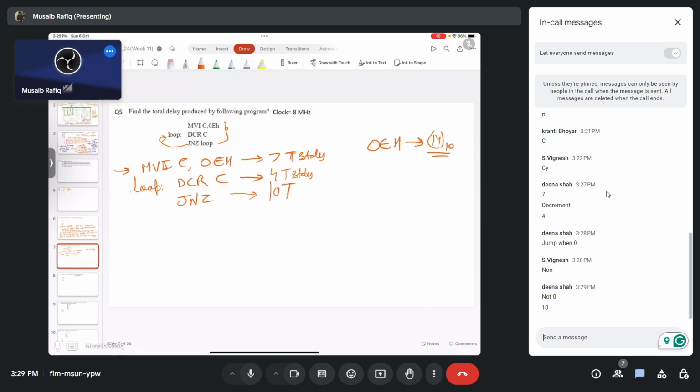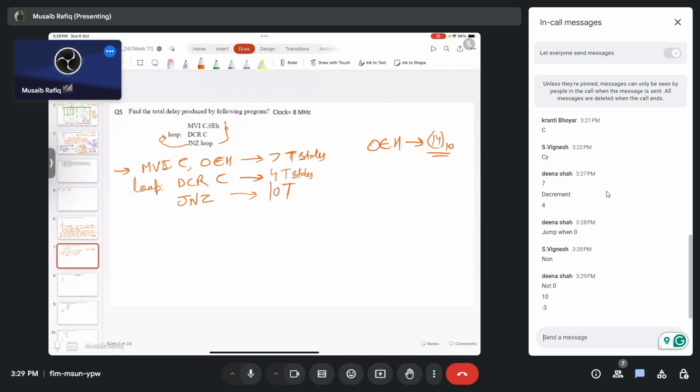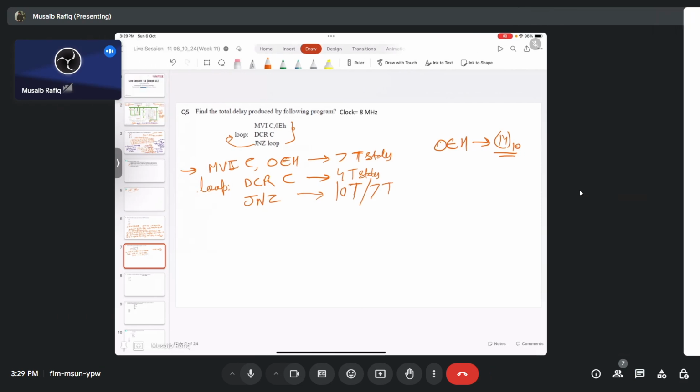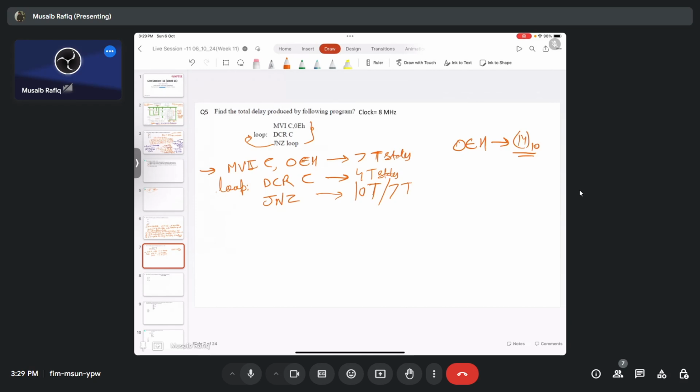Anything else? Is it only 10 or is there some condition associated with it? Yes, 10 when the condition is met and 10 minus 3, that is 7, when the condition is not met, right? So this was with the states.